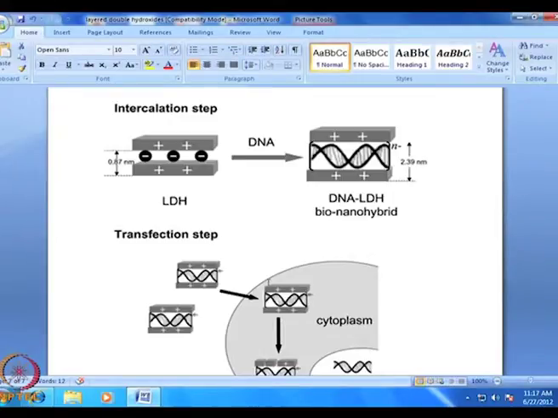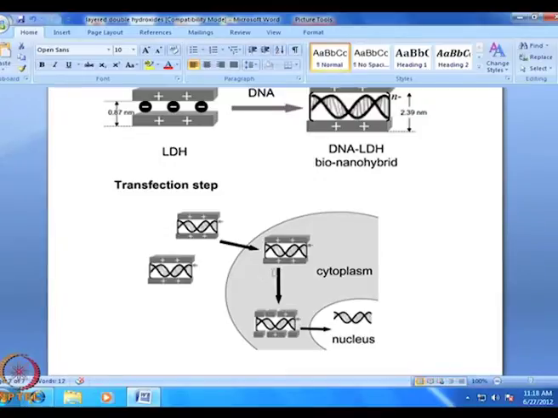I can take the layered double hydroxide, put in the DNA that I want, then implant it so that I can have, I will not use the term genetic repair as such because it has not been done, but that DNA, once it has been put into the cytoplasm, it is there for being integrated into the human system, because once it got to the cytoplasm, it is in the human system.